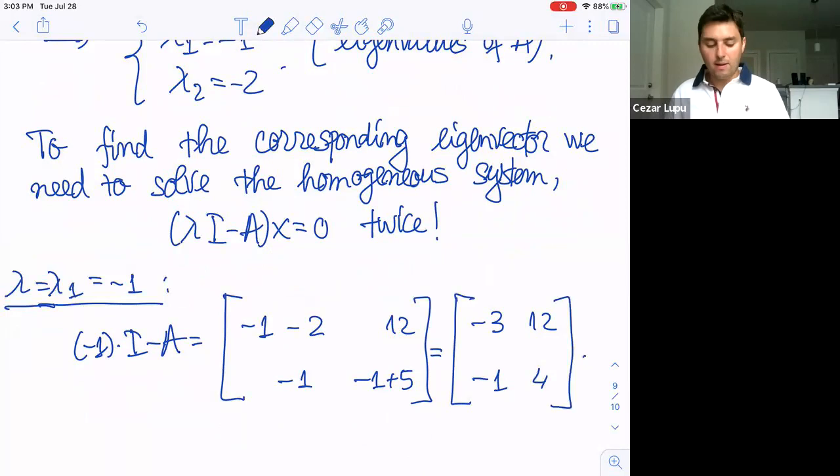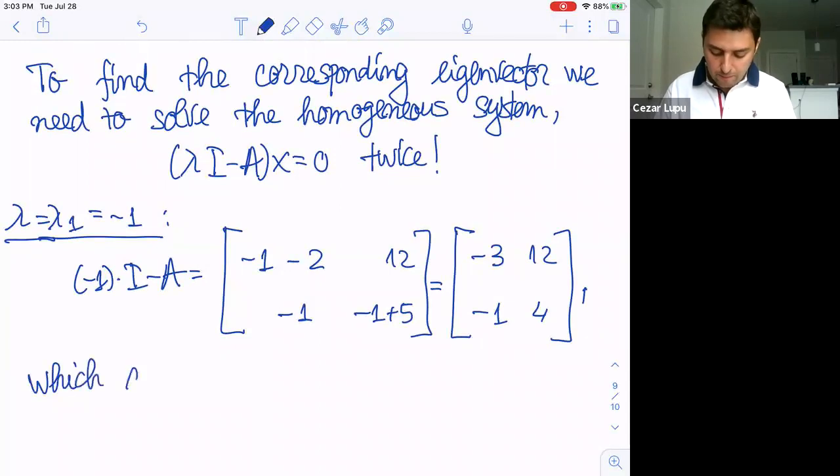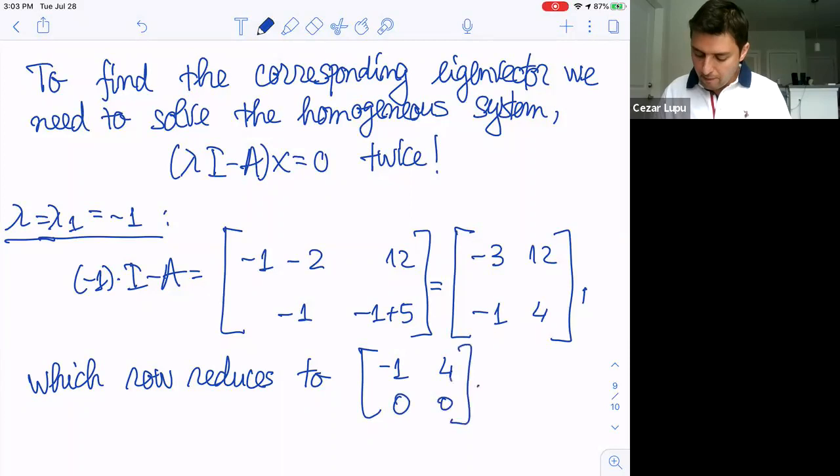And keep in mind, this row reduces to what? Well, as you can see, we can factor something out there. We'll reduce to -1, 4, 0, 0. Keep in mind that you still have to do the row reduction for this matrix.